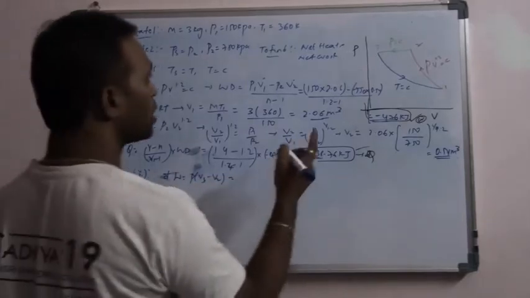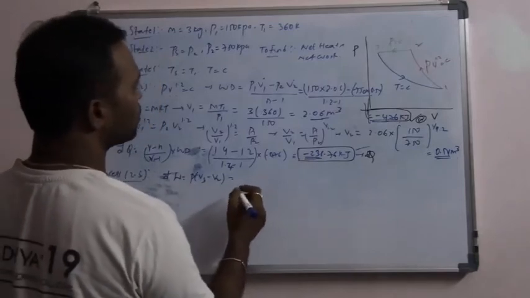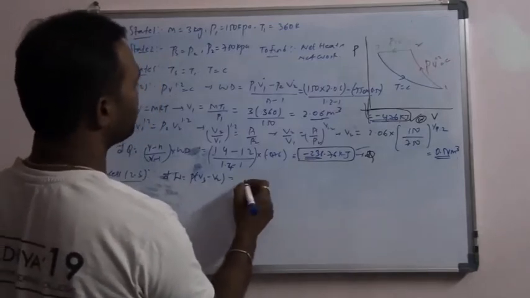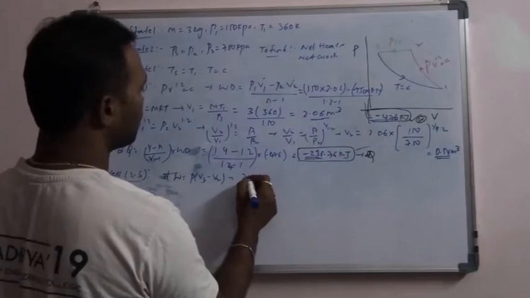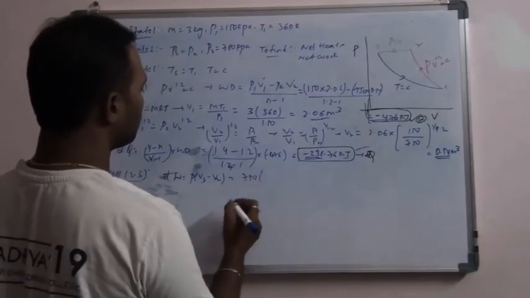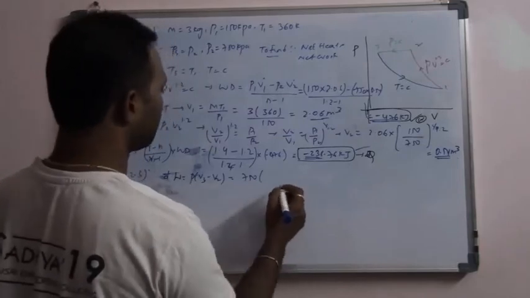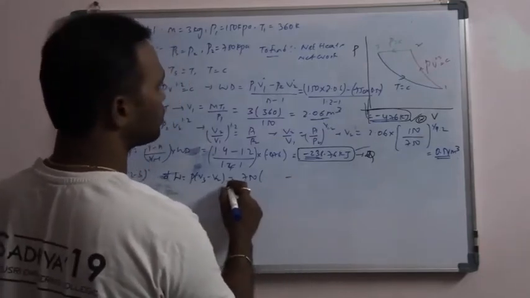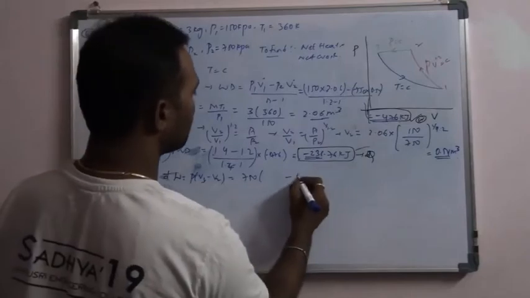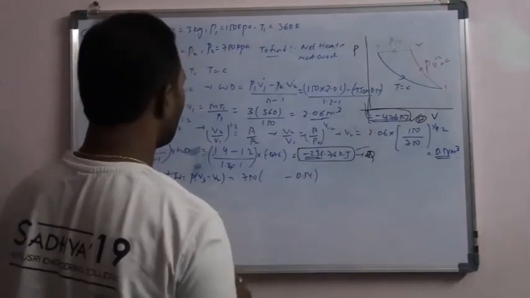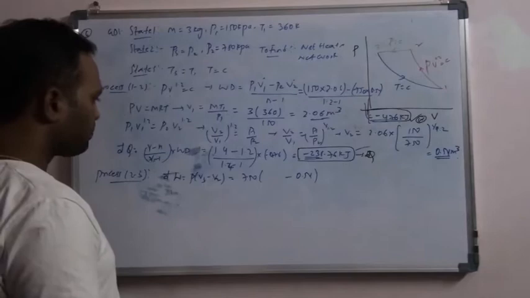P is already given, which is the P2 value, 750, into V3. We don't know V3, so we need to calculate it, minus V2, which we already have as 0.54. So let us calculate V3.